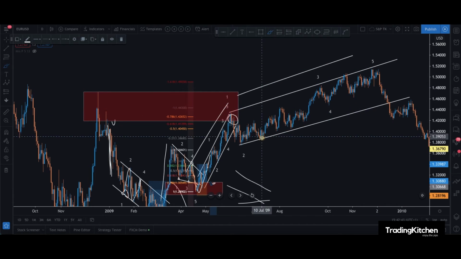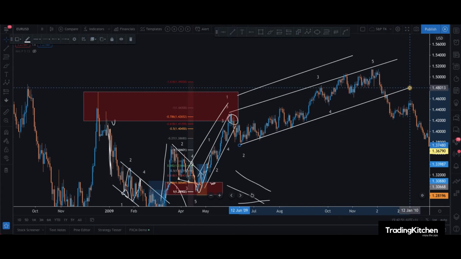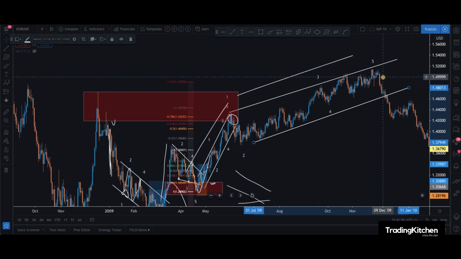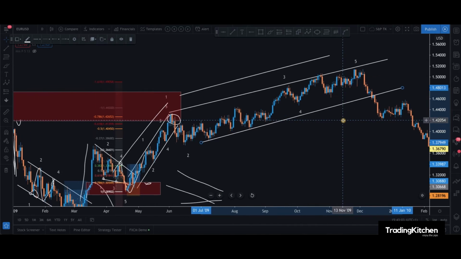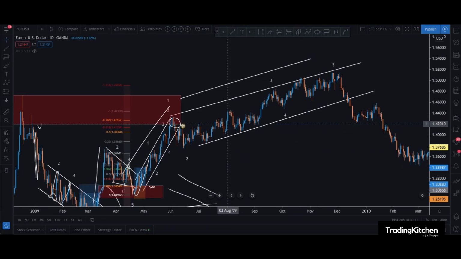As you can see here, the channel is not so clear, but it's absolutely a normal thing. Don't look for completely clean candlestick patterns. It's almost impossible to find them.